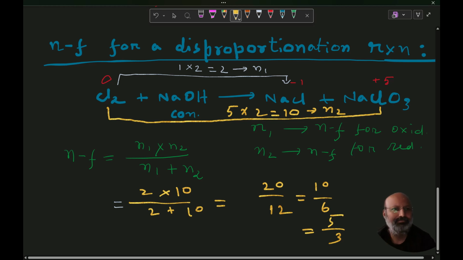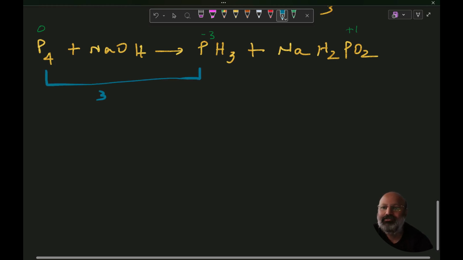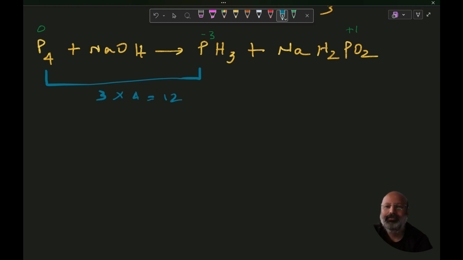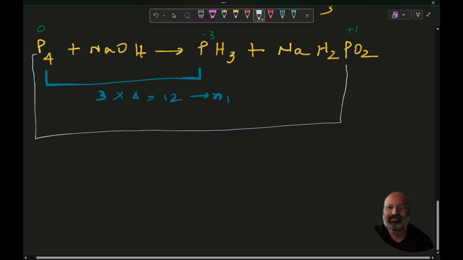Take another example. Now in this case, n factor for reduction is coming out to be like that. So difference is 3. For 4 atoms, it will be into 12. Okay. So this is nothing but your N1. Now coming to the second case, that is the oxidation case. You can see difference is 1.